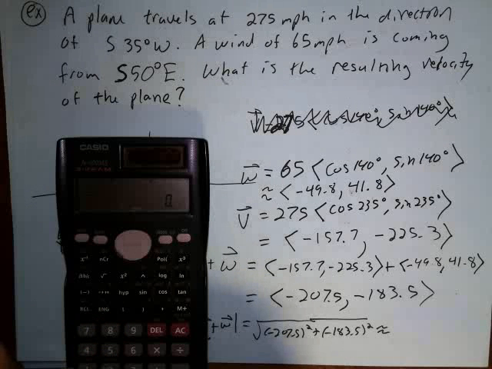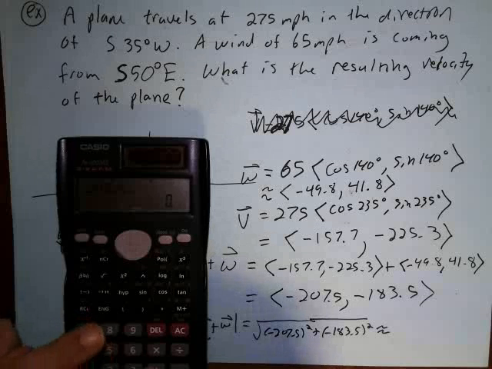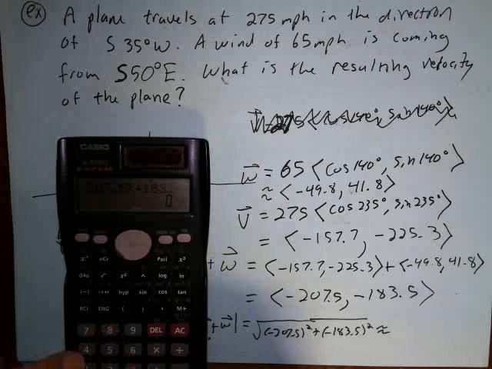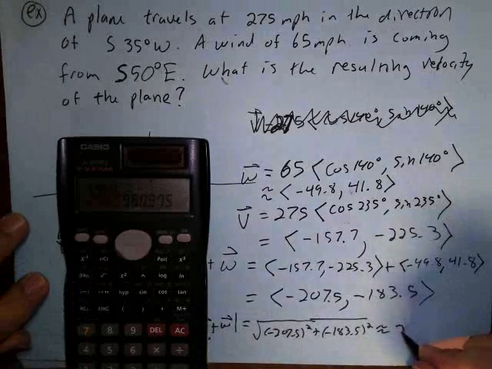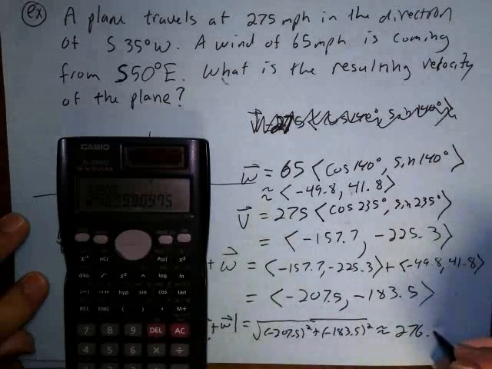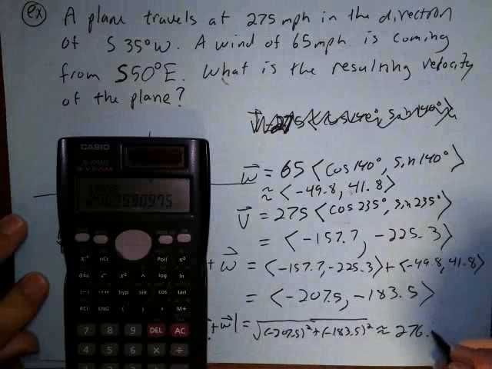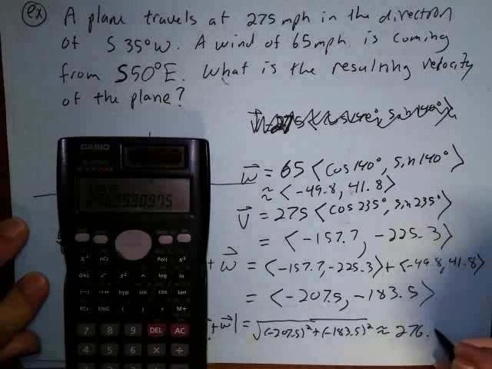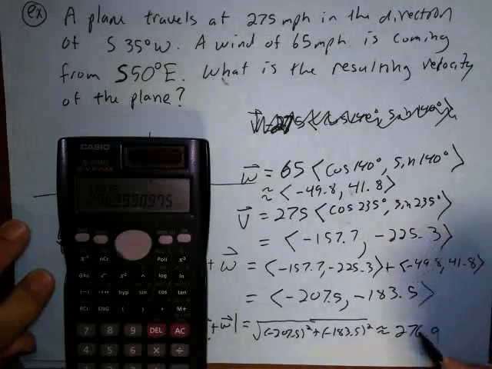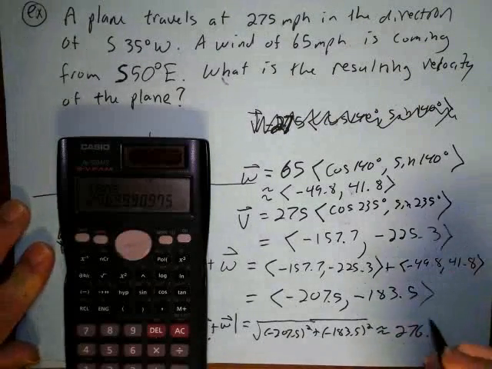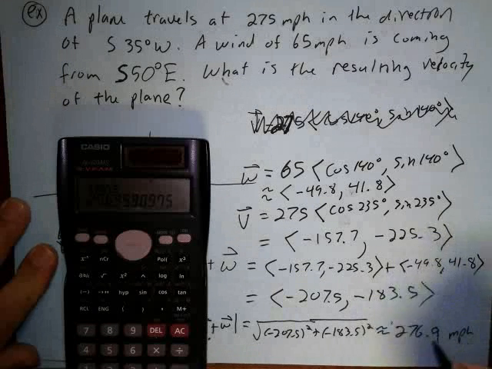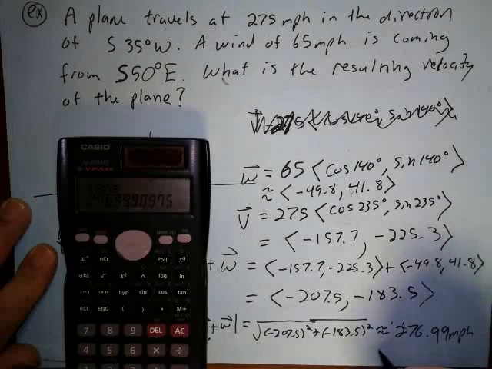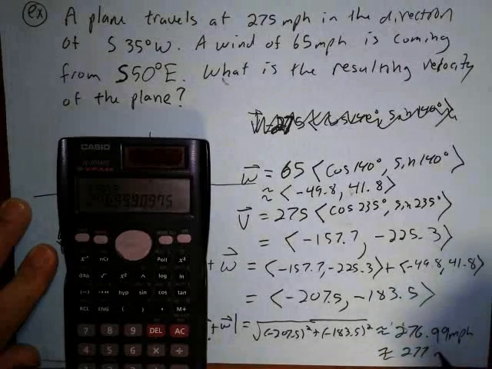So we got 207.5 squared plus 183.5 squared, and then I'm going to take the square root, and we see that the magnitude is 276.9, or it's 99, so it's actually, let me just say it's 277 miles per hour.